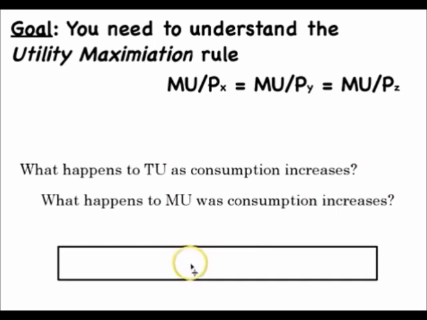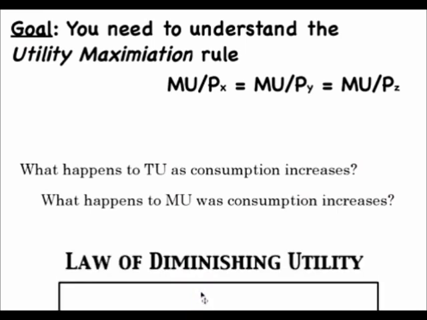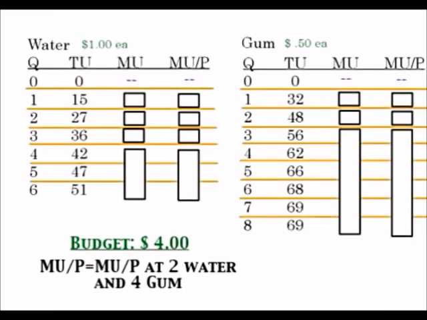And it is the law of diminishing utility, or the law of diminishing marginal utility. This law, the name itself, should give you a good clue to the answer to the second question. All right, so let's take a look. How do we measure this stuff? Well, this is when we get into math. What we're going to do is we're going to take a look at our 2 products, water and gum.